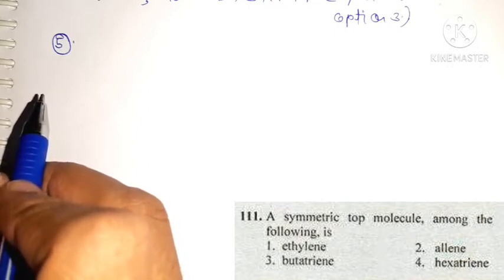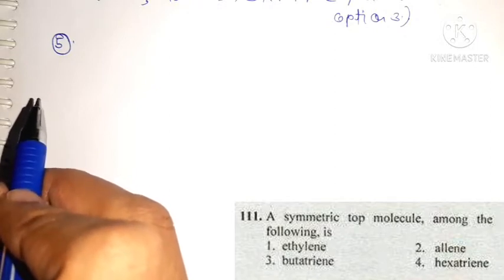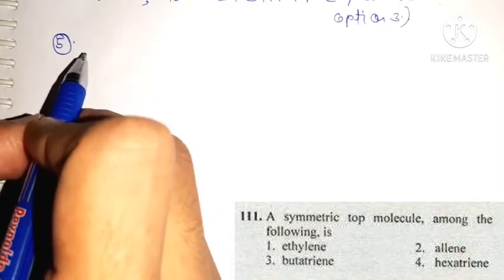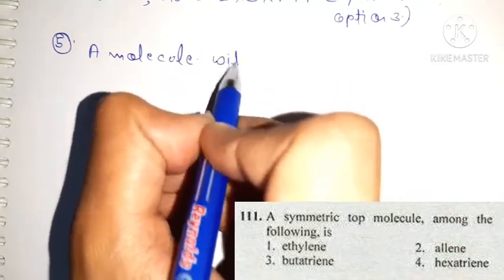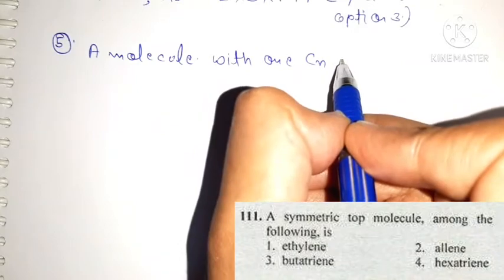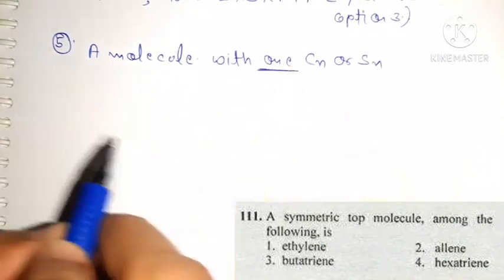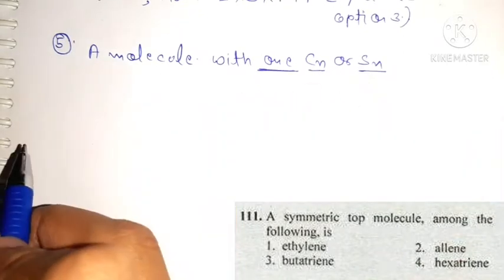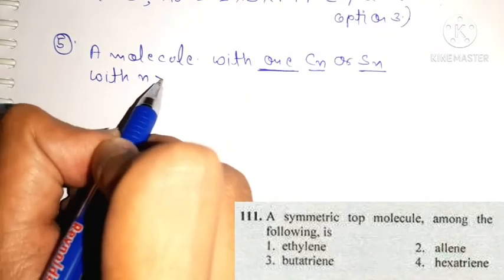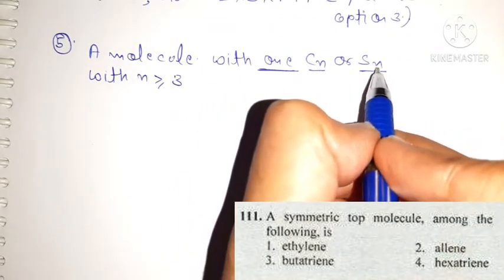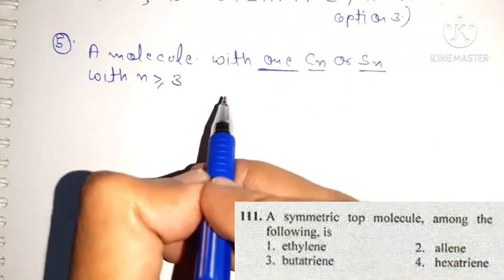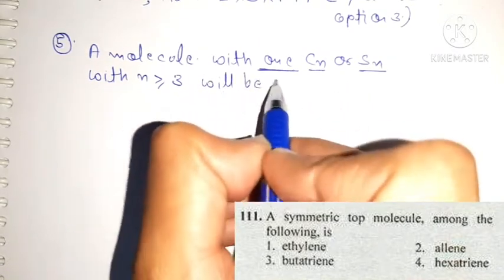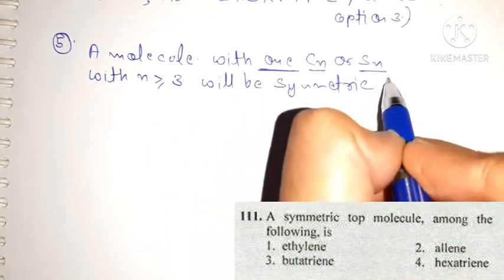A molecule with one Cn or Sn, remember one, not more than one Cn, that is axis of rotation or improper axis of rotation, with n greater than or equal to 3, that means C3 or C4 or C5 or S3, S4, S5, etc., will be a symmetric top molecule.